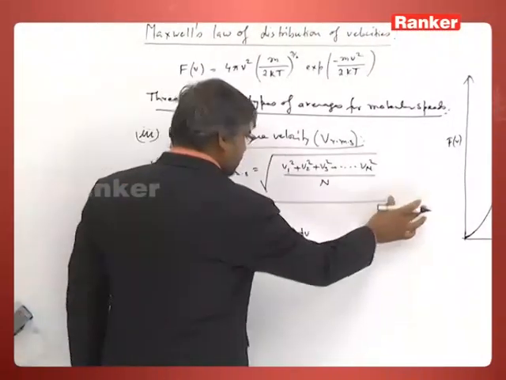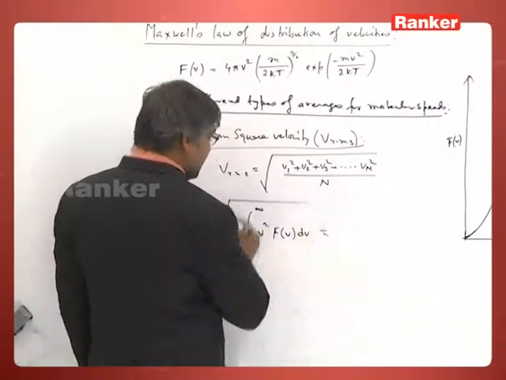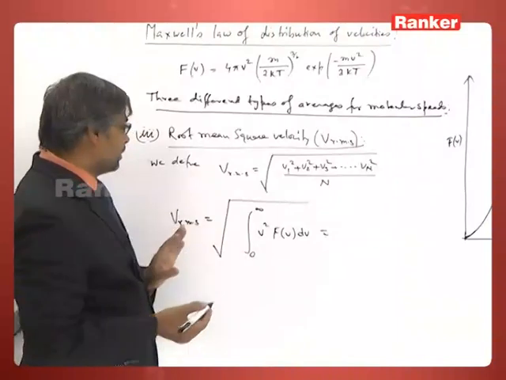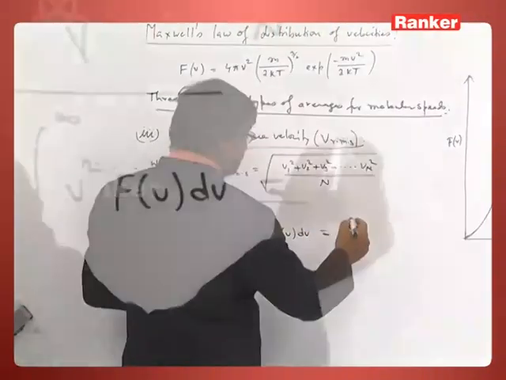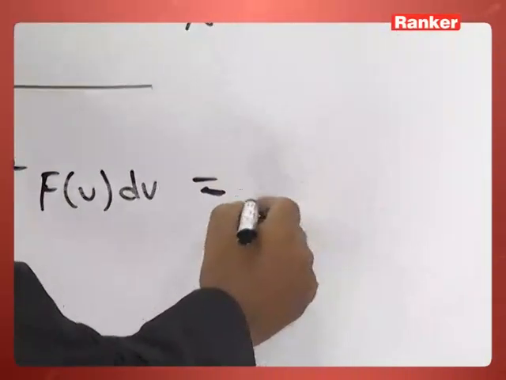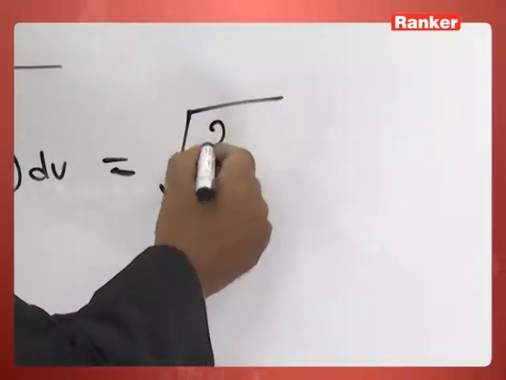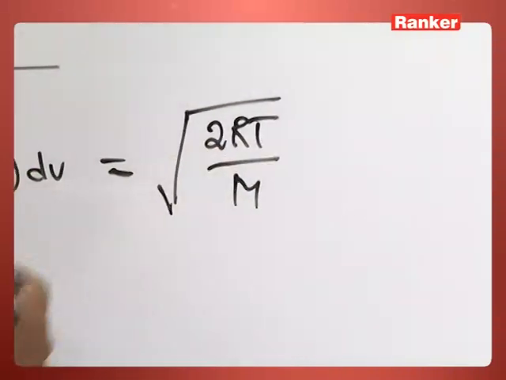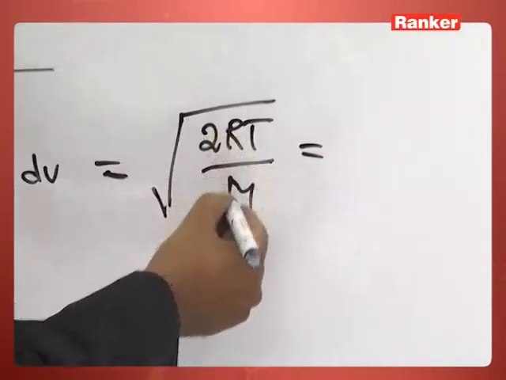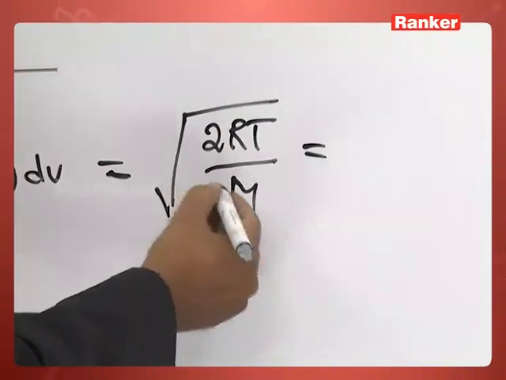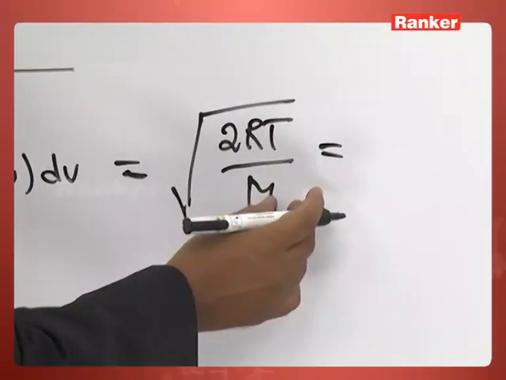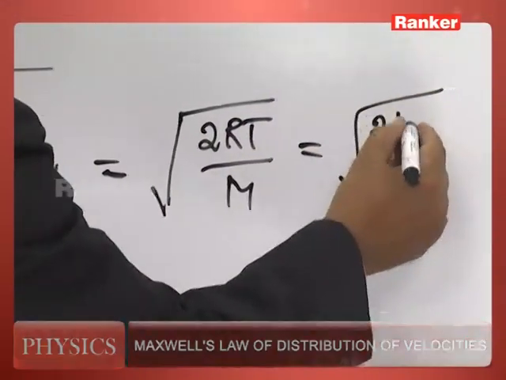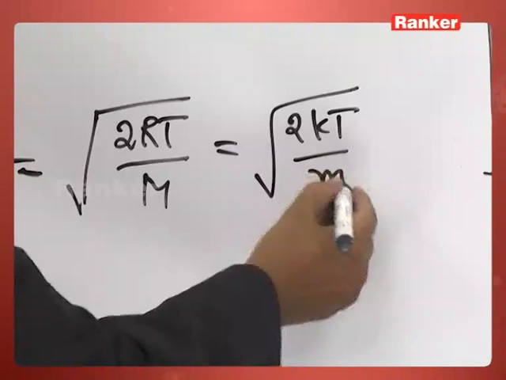On integration, if we do this operation with this function, then we will get this quantity as root over 3RT by M, where M is the molar mass, and when I write this as m, the mass of each molecule, into Avogadro number, then R by N_A will become k, and it will become 3kT by m.